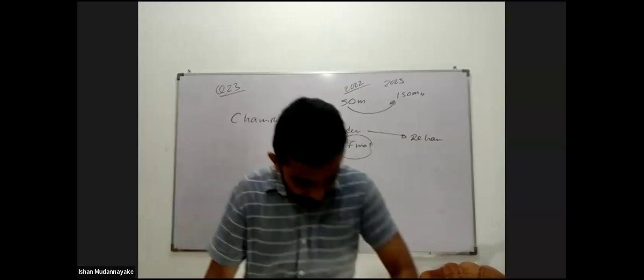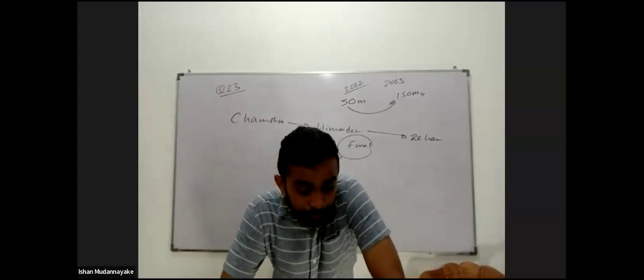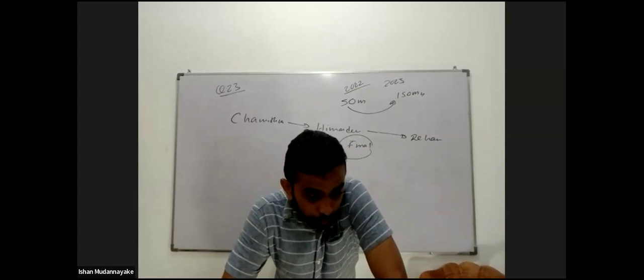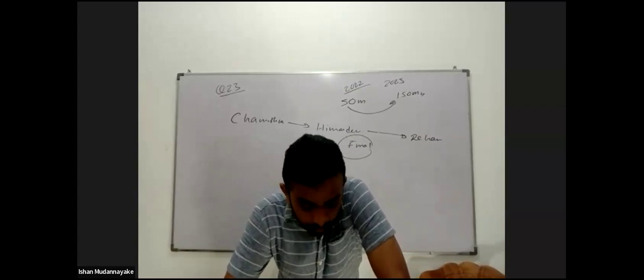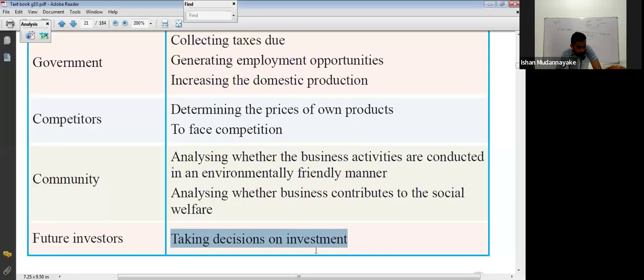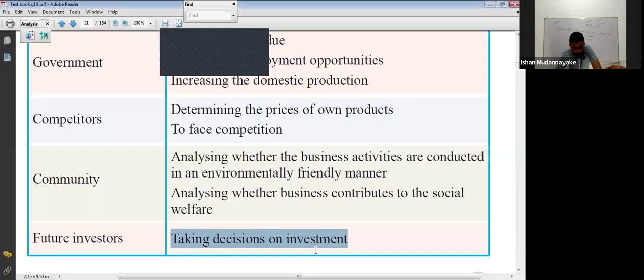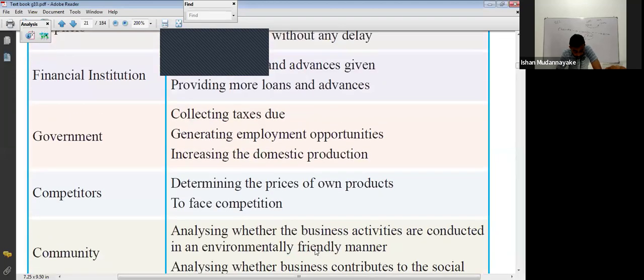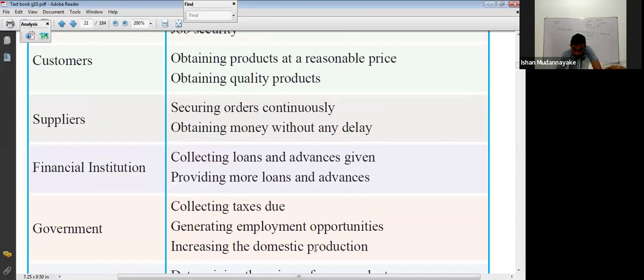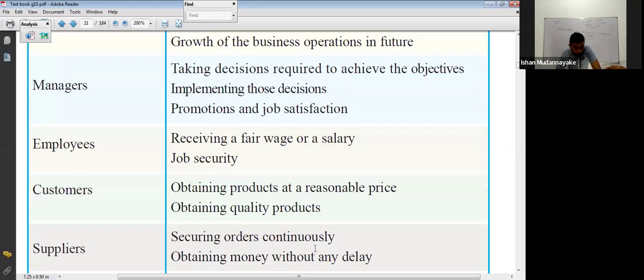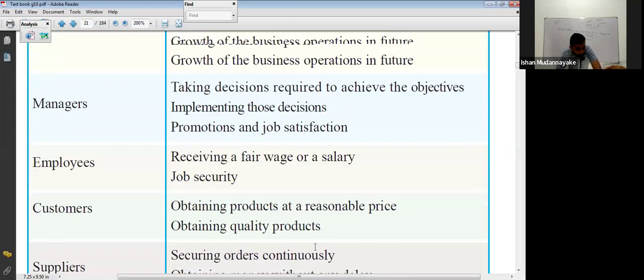Now, next one. Future investors looking at your business organization, to invest cash in future, taking decisions on investment. These are the expectations of stakeholders from the business organization.